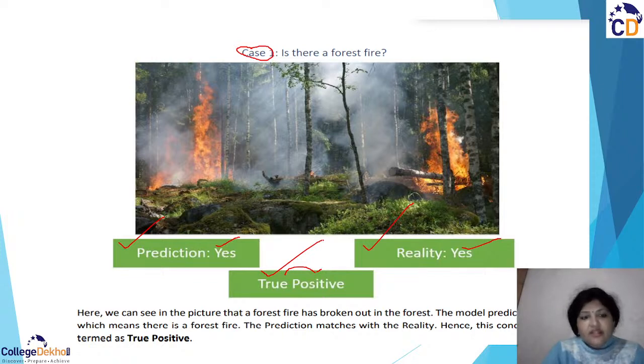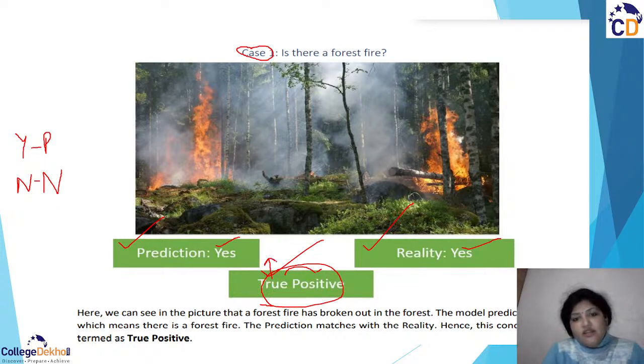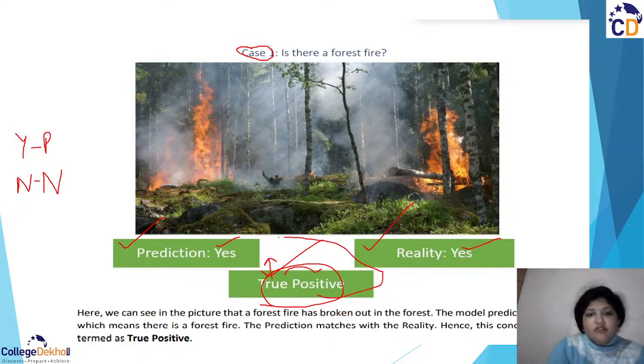And for the value of the prediction, yes means positive, no means negative. So your output is divided into two parts. The true value depends on whether your prediction and reality are matching or not, and the positive is taken from the value of the prediction.